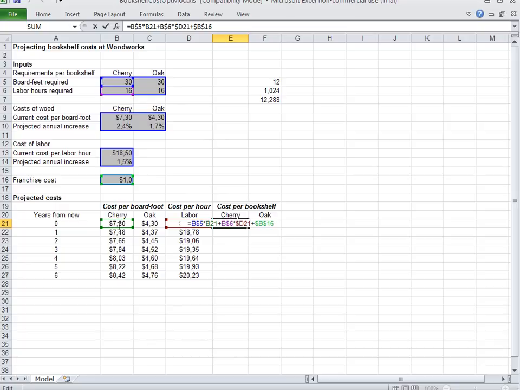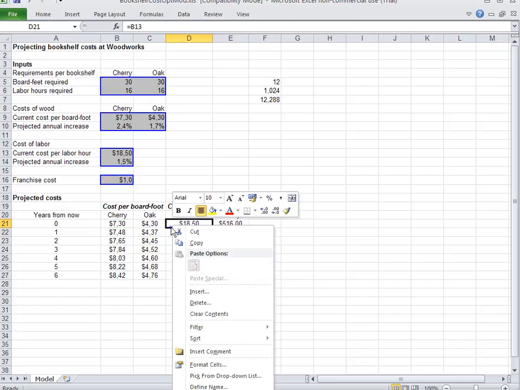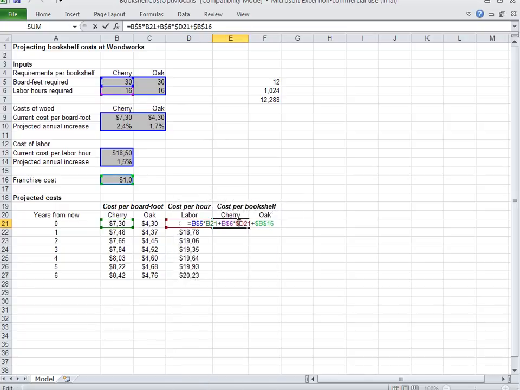Then there is a dollar in front of D, which is true for the labor cost, because this has to move up and down for the next years, but it cannot move left and right if we copy it to Oak. And finally, the franchise cost will have both dollars, so all the options are here.